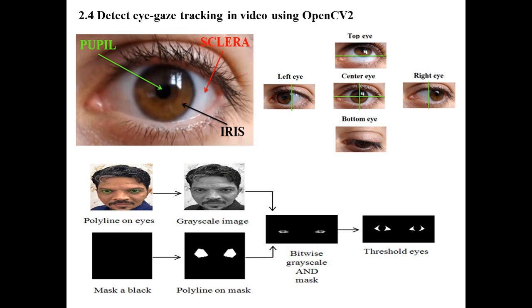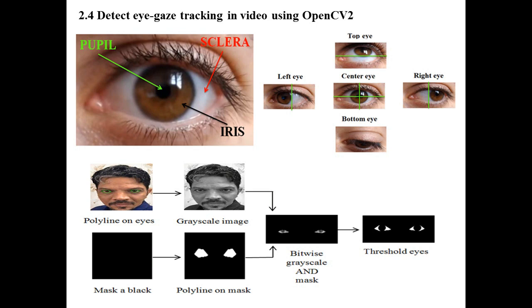The next step is to make a black mask that completely fills the image and then draw the polygon over the eyes on the mask.